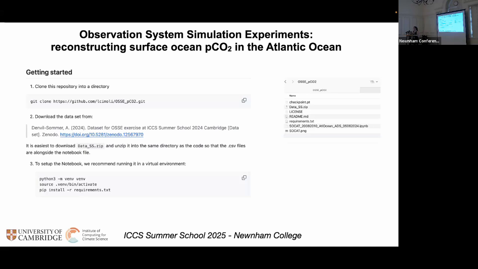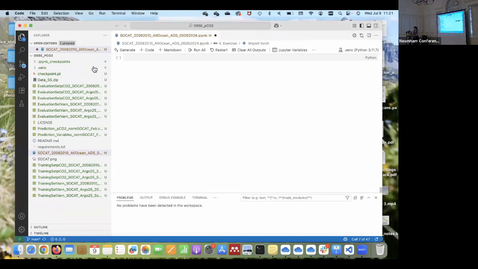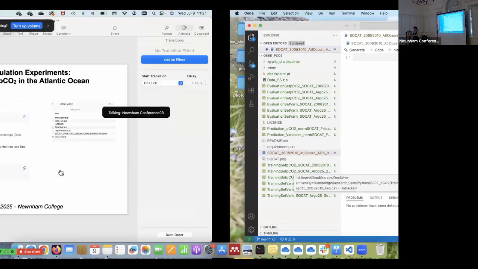Ideally, you want to download that, which is in a zip folder, and unpack it in the same folder where you have your code, so that everything is in one folder. At the end of it, what you will want is to have all of your Jupyter notebook as well as all the data unpacked in the same folder.